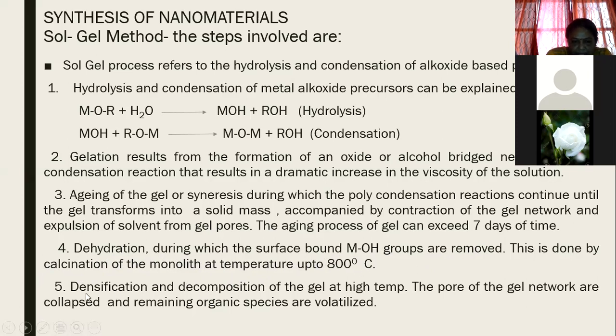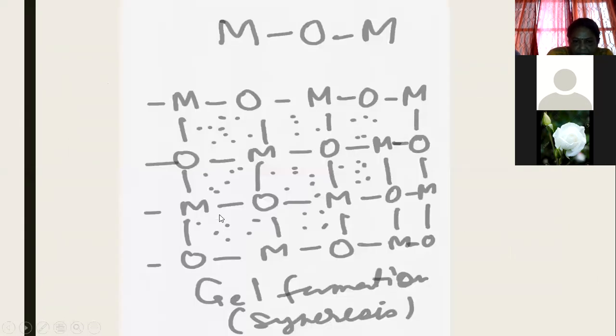Then further drying should be done at a very high temperature, when this network collapses. First, from the pores, all the solvent molecules will evaporate, then only the network will remain.